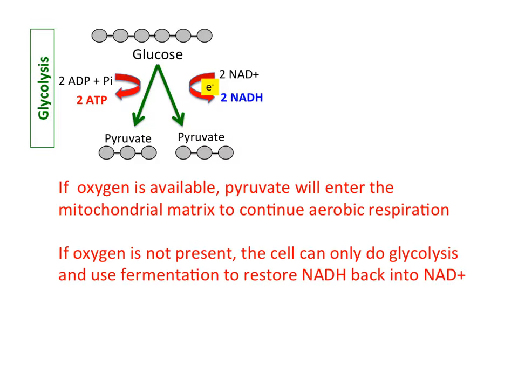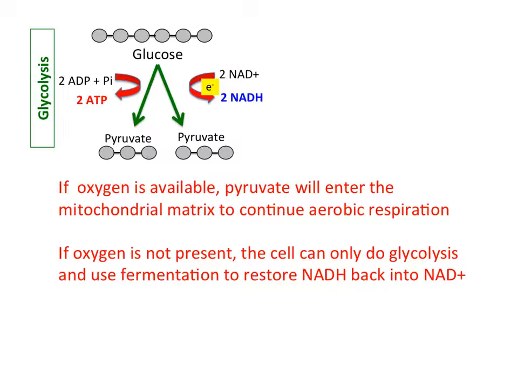Now the next decision the cell has to make is whether, if oxygen is available, aerobic respiration will continue. And aerobic respiration happens inside the mitochondrion. If oxygen is not available, then glycolysis will be the only step that takes place in the cytoplasm, and then you will have fermentation.